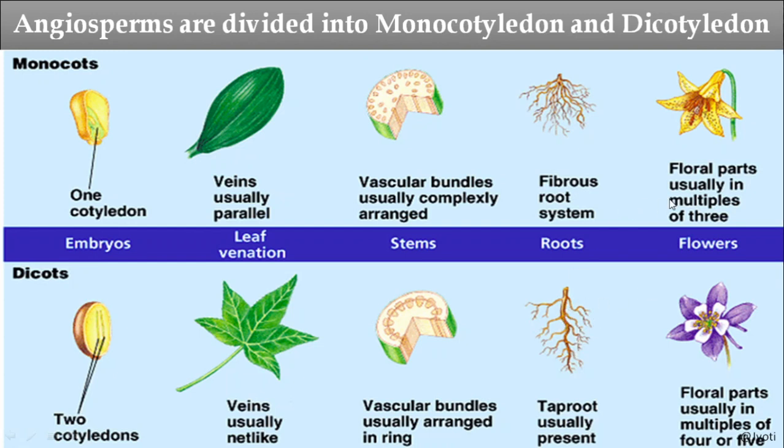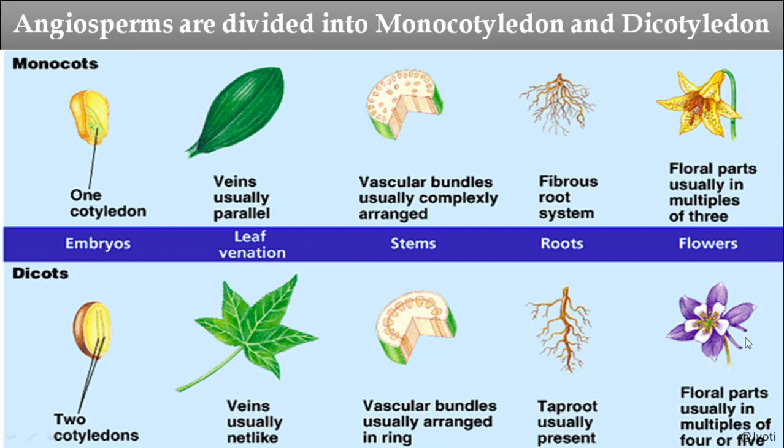Then coming to the flower, the floral parts are generally multiples of 3 in monocots. They are called trimerous flowers. The floral parts, meaning corolla, calyx, androecium and gynoecium, are always in multiples of 3. That's why they are called trimerous flowers. We'll discuss this in detail in the morphology chapter.